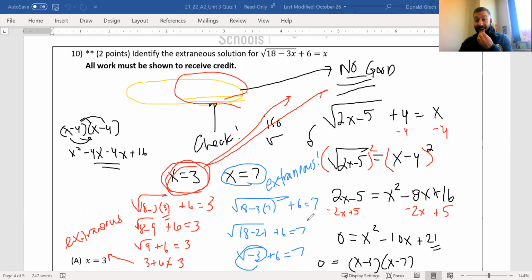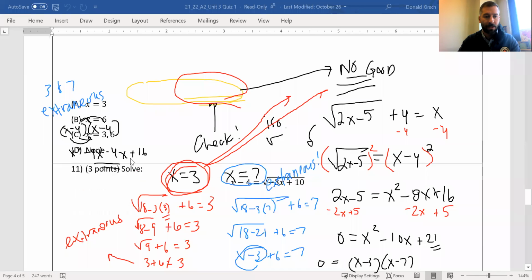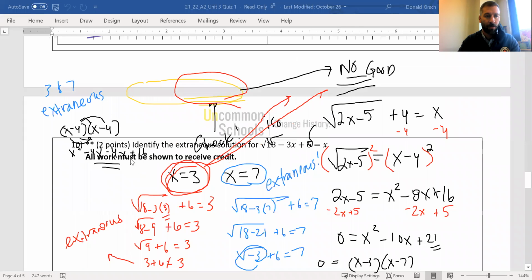And so in this way, we actually have two extraneous solutions. So for number 10, if it's asking me to identify, 3 and 7 are extraneous. But don't get caught in that trap for number 11. Number 11 doesn't ask you that. It just asks you to solve.